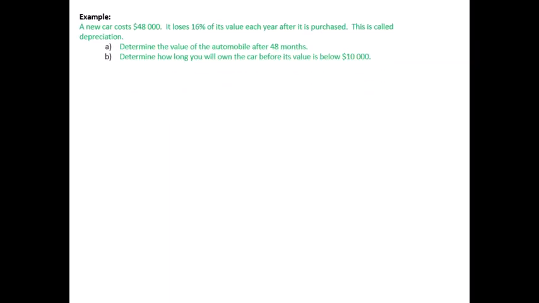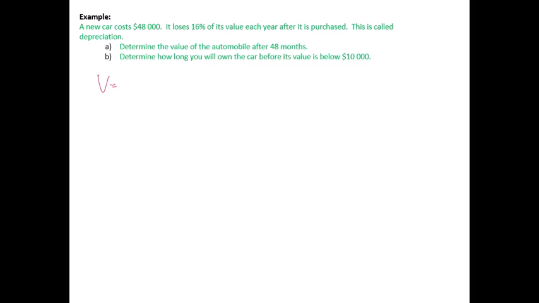Before we can even do that, we need an equation here. We need to set up an equation to solve for the y and x, as independent and dependent variables. So we have value and time.